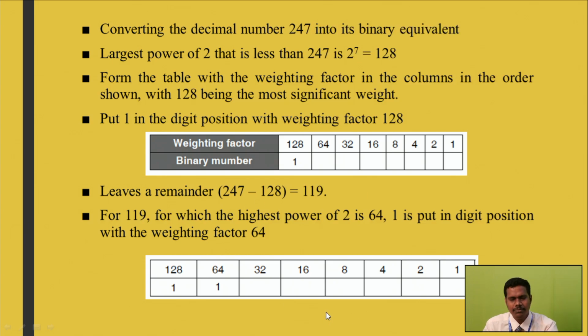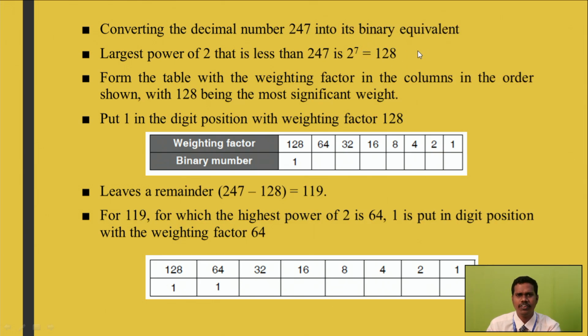For the binary number system we have 2 power 0 to 2 power infinity, but near 247 we have two possibilities. 2 power 7 gives 128, 2 power 8 gives 256. So 256 is greater than 247. We need to take the number that is less than or equal to 247. Here the number is 128, which is less than 247.